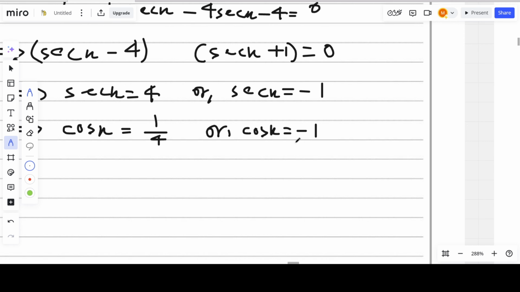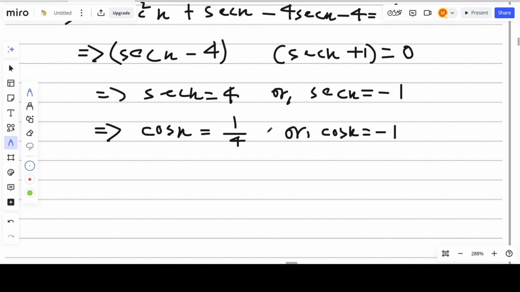So pi, 180 degree. 180 degree is a multiple of 90 degree, so it's not acceptable. Again, cos 180 degree is minus 1, 270 is 0, 360 is again 1. So for cos x equals to negative 1, we won't get any possible values for x. Only we will get for cos x equals to 1/4.